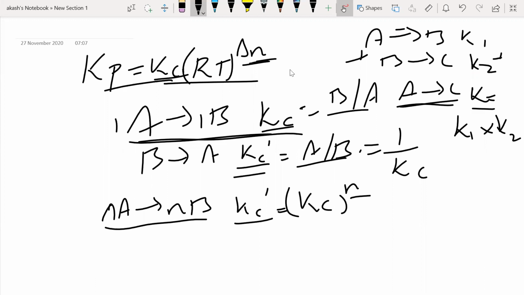Then I told you that when you have both reactants as well as products initially at time t equal to 0, you don't know which side the reaction will proceed, either in the forward direction or in the backward direction. And there was one term which was going to help us, and what was that?